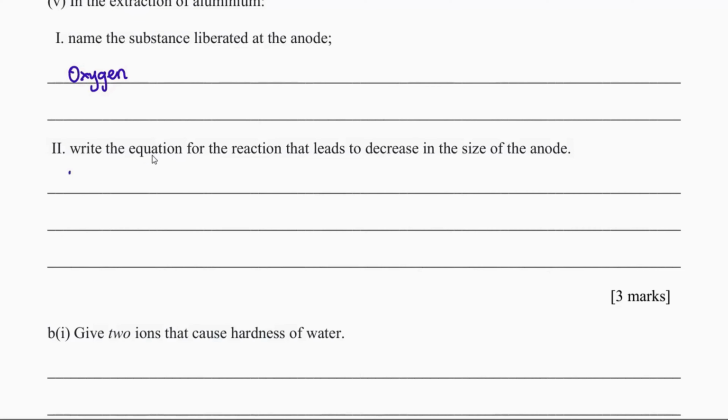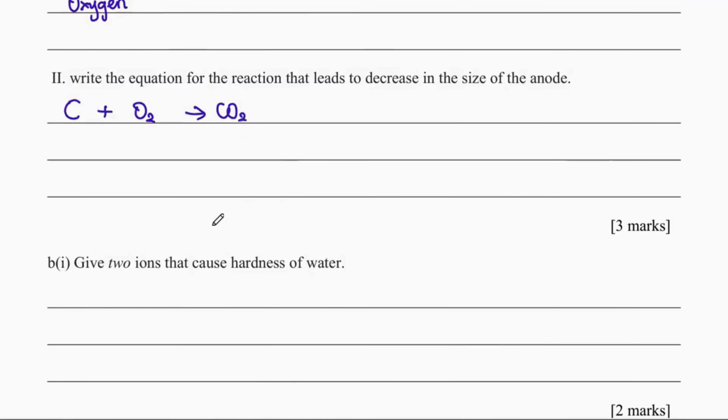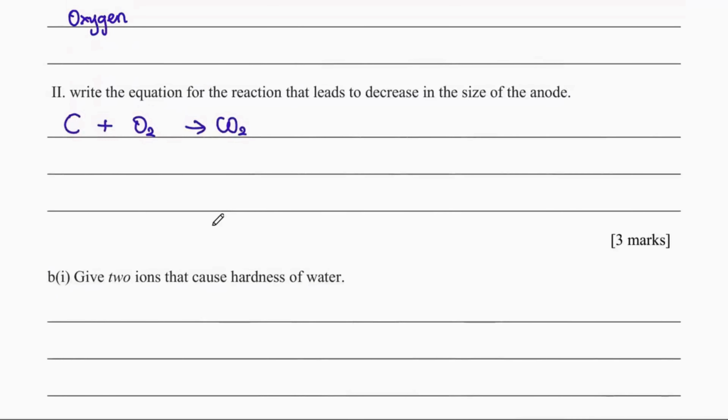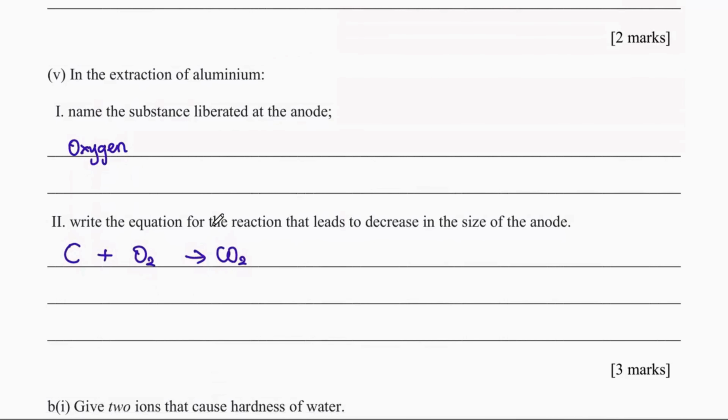Okay, so the equation is carbon from the electrode, then oxygen to give us CO2. We can see that in this case, the anode is where the negative ion is going towards, and that is why we have oxygen there. Okay, then aluminium is now going to the cathode.